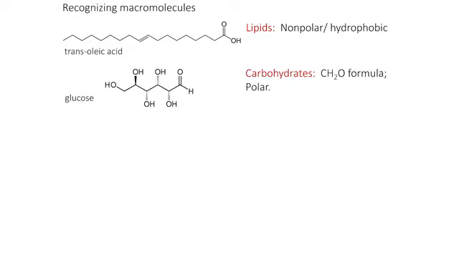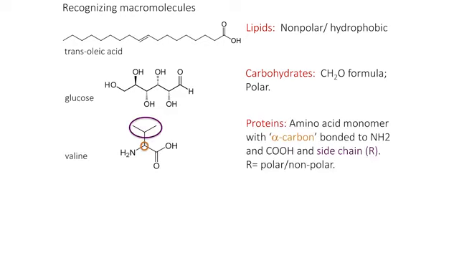For the carbohydrates, look for the CH2O formula, and they're always polar because they've got a lot of oxygen groups and hydroxyl groups, which are polar groups. For proteins, look for the alpha carbon. I've ringed it here, and you should find next to the alpha carbon there should be an amino group. On the other side there should be a carboxyl group, and then there should be something else sticking out, which would be your R group, your side group.